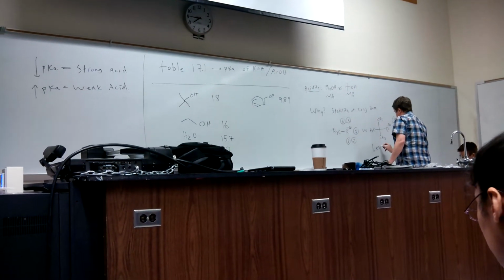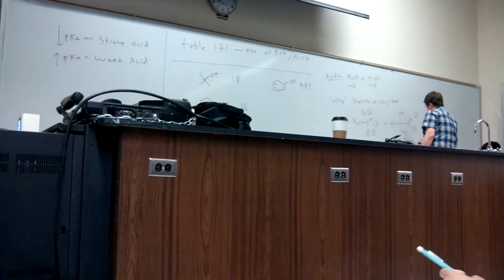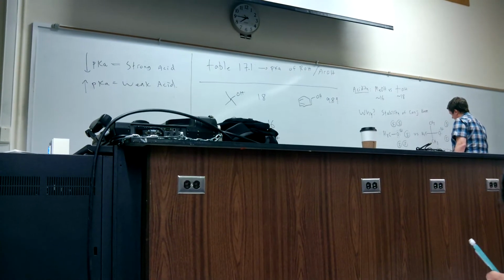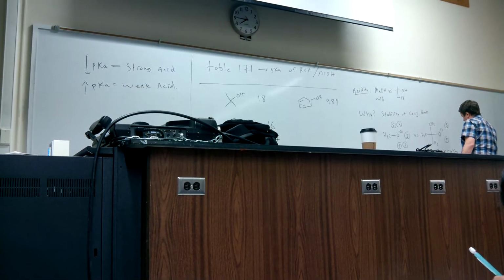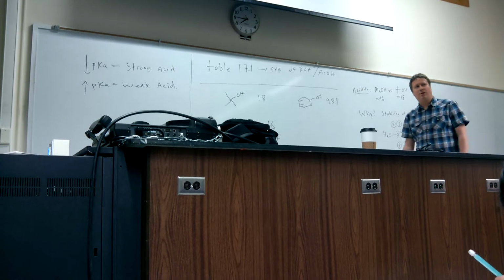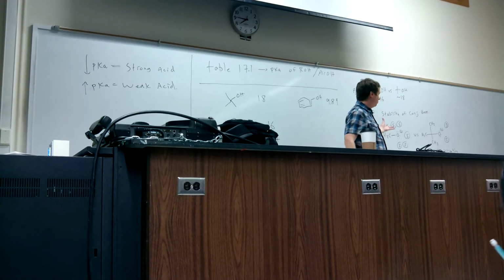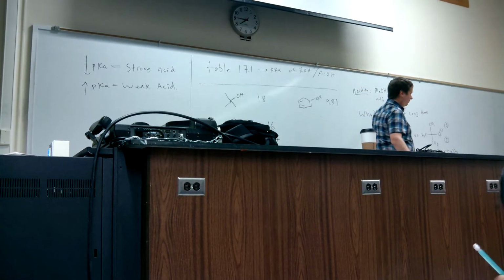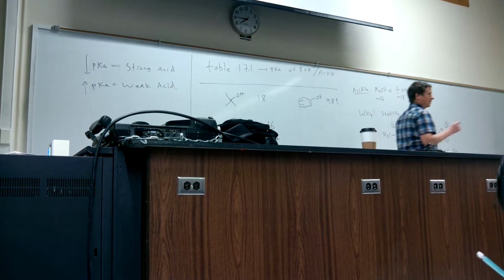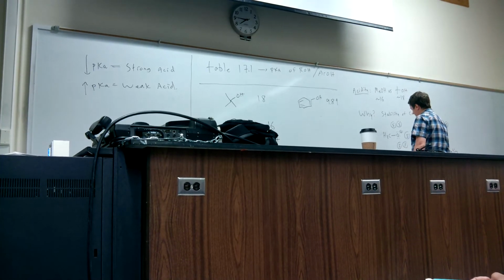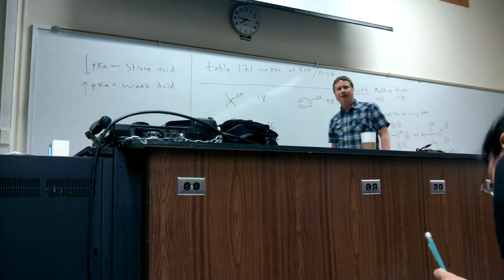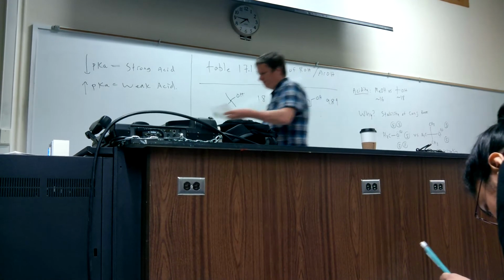Less stabilization due to solvent. In one case, we have more stabilization, and in the other case, we have less stabilization. And that is reflected in acidity. One's more acidic, one's less acidic. So that's how we explain methanol versus tert-butanol, right?